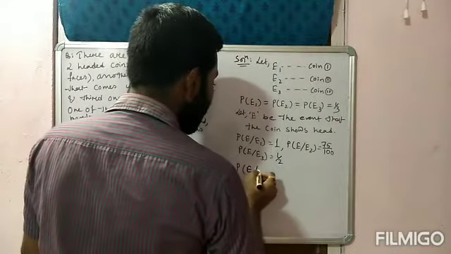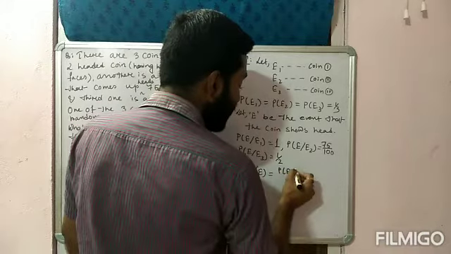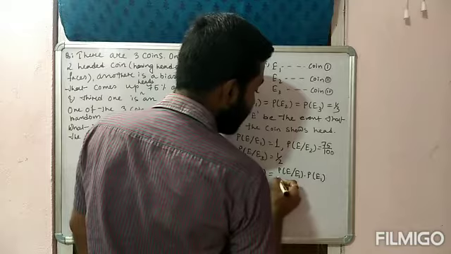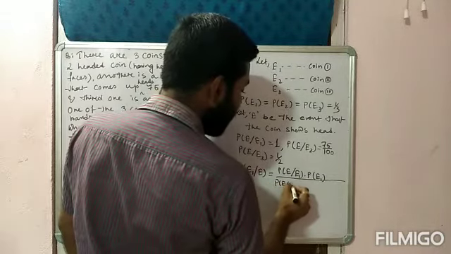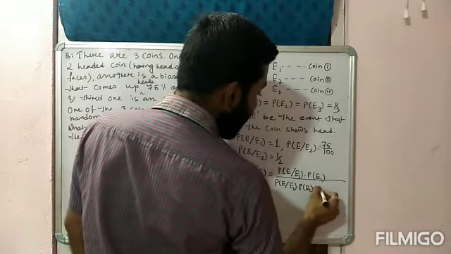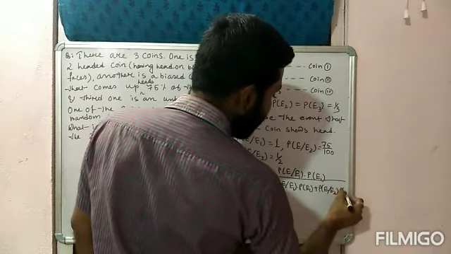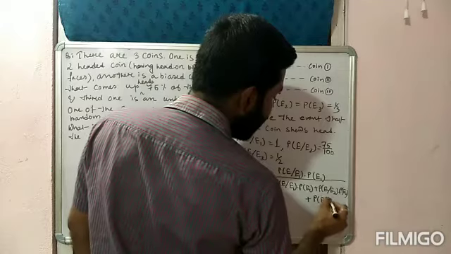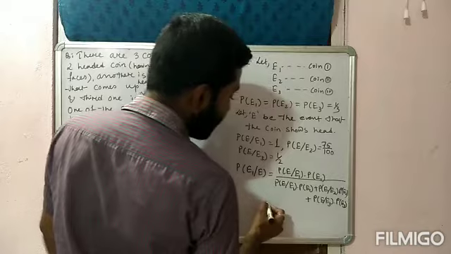So you have to find probability of E1 slash E. This is equal to probability of E slash E1 into probability of E1 divided by probability of E slash E1 into probability of E1 plus probability of E slash E2 into probability of E2 plus probability of E slash E3 into probability of E3. Now put all the values, we'll get the answer.